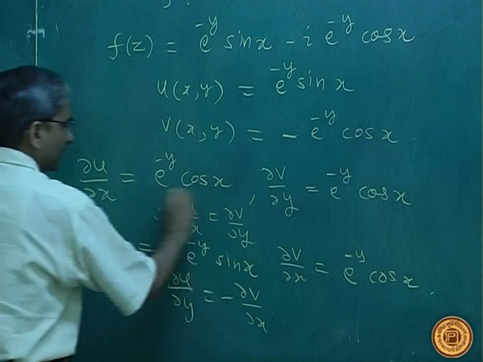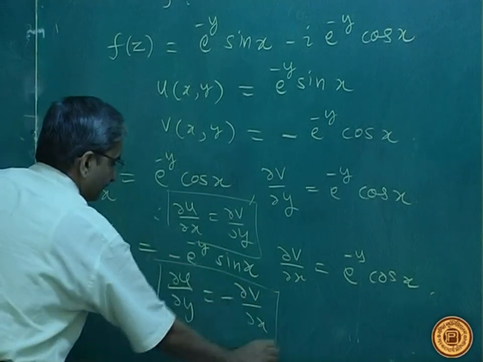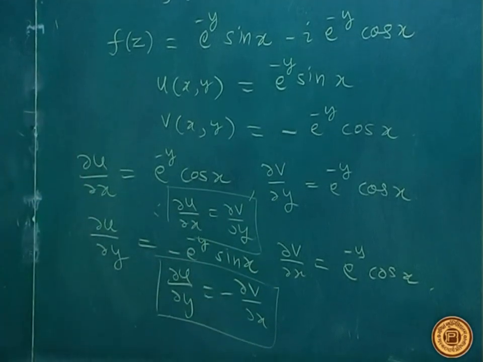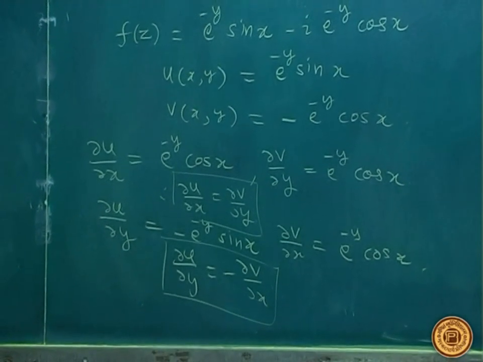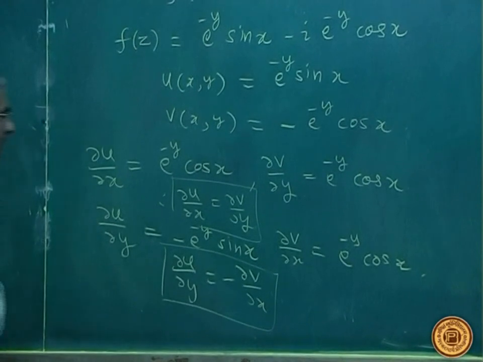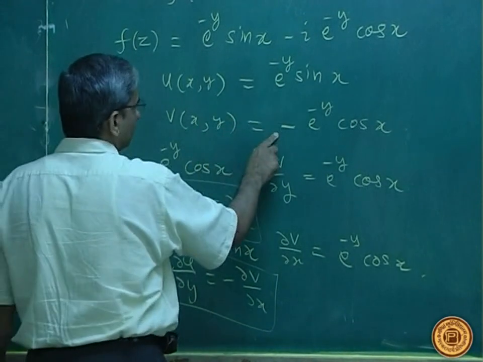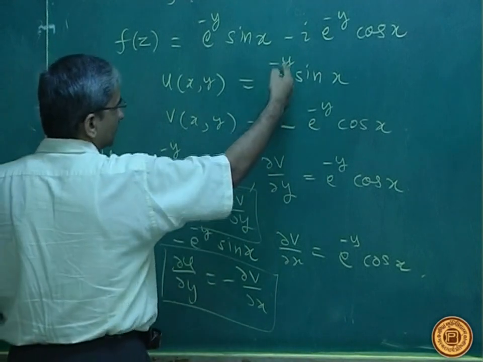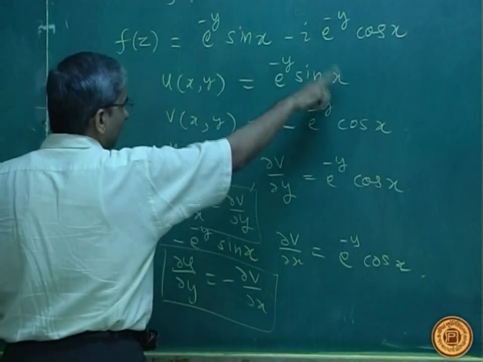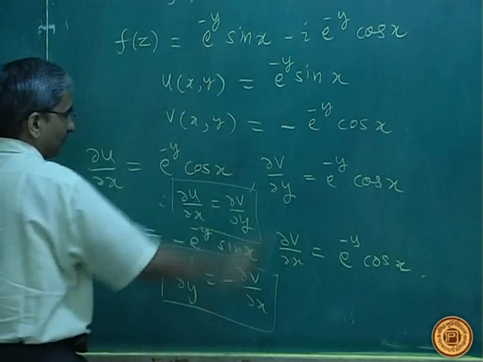So the Cauchy-Riemann equations hold. The Cauchy-Riemann equations are satisfied. u and v are differentiable. This is an exponential function, this is sin x. As real functions we already know that these are differentiable functions.